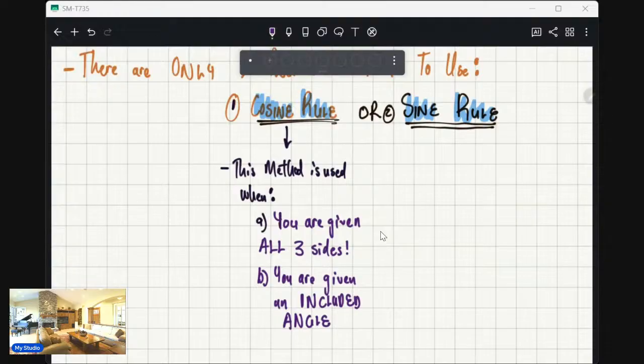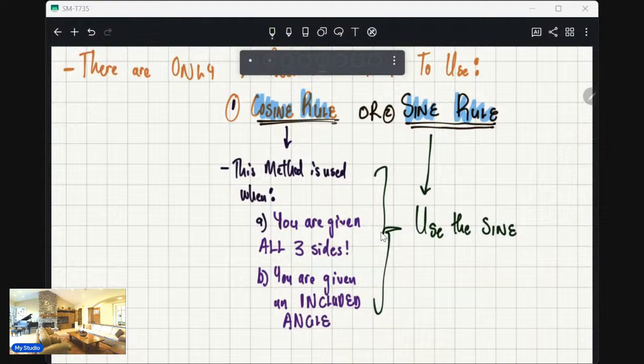Now write for me like this, otherwise, put an arrow also, say use the sine rule for any other situation. You use the sine rule for any other situation.